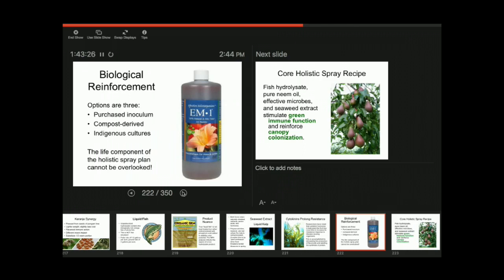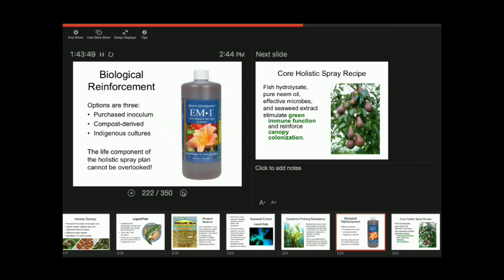The biological piece, the effective microbes, can be purchased from either Terraganics in Texas, and these are companies that supply through different distributors, but you can order direct, or SCD Probiotics out of St. Louis. These are 2 that I know are reputable products. So the Terraganics product is called EM1.